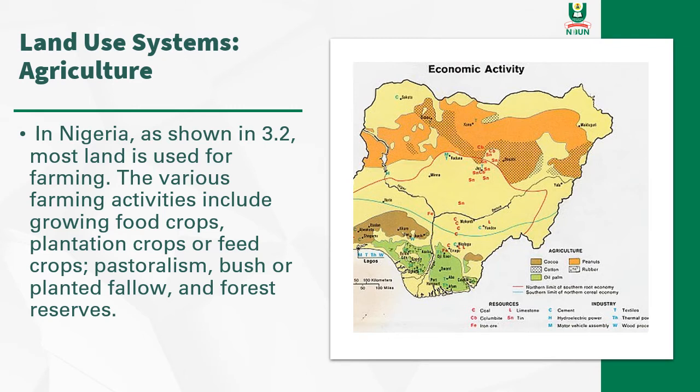Most land is used for farming, and the various farming activities include growing food crops, plantation crops, or feed crops. You also have pastoralism being practiced, bush or plant fallow, and forest reserves.